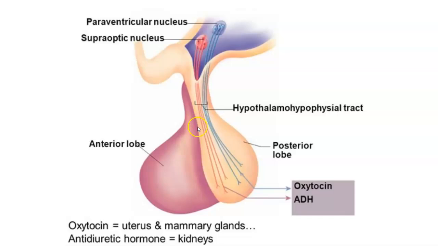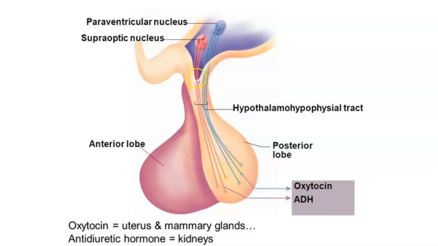So there is a neural connection. So that's what we're looking at here. So remember, oxytocin and antidiuretic hormone are produced by the neuron cell bodies in the hypothalamus, and then those two hormones are going to travel to the posterior lobe of the pituitary gland.